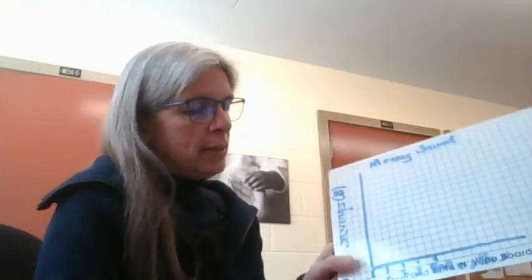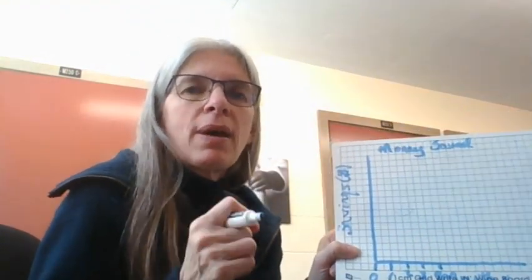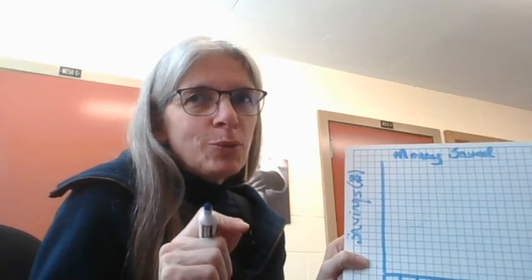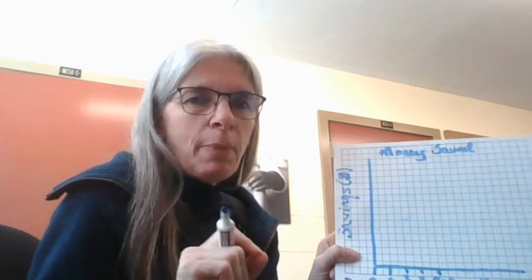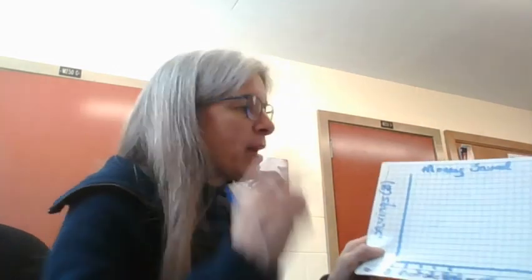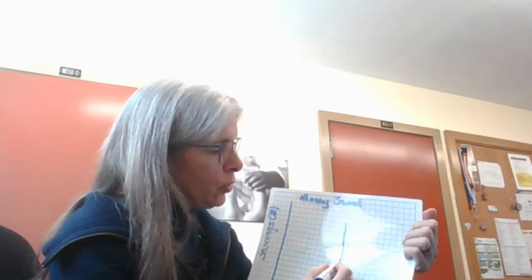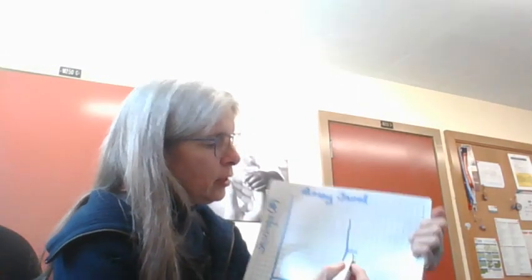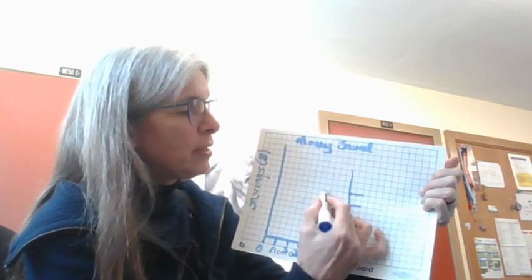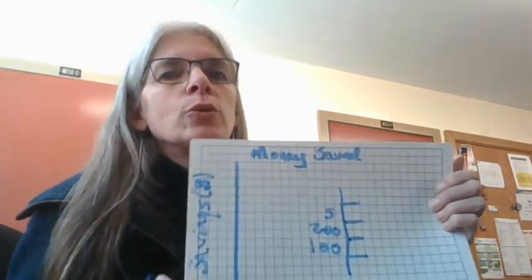For the money side, the money you have in savings is not going to be a set amount each month. It is going to be a set amount, but it's not going to change by the same amount each month. And when you look at these squares, each square has to equal the same amount. So for example, on your graph, if you told me from here to here was worth $100, and then you told me from here to here was worth $200, and then from here to here was worth $5, that makes no sense.